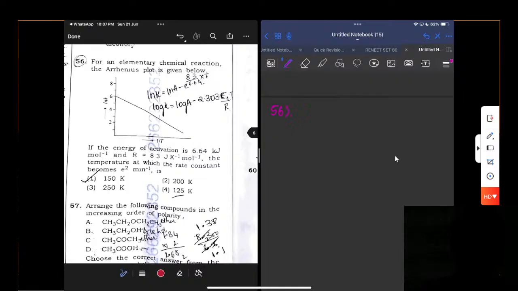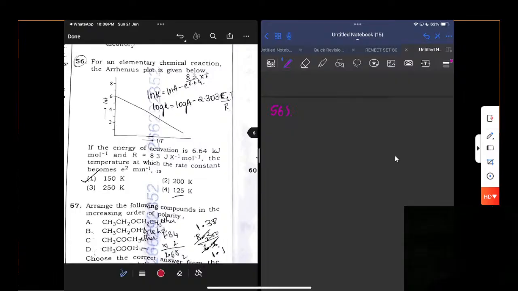For an elementary chemical reaction, the Arrhenius plot is given below, for ln K versus 1 by T. The energy of activation is 6.64 kilojoule per mole, and the R value is given. The temperature at which the rate constant becomes e square per minute is asked.